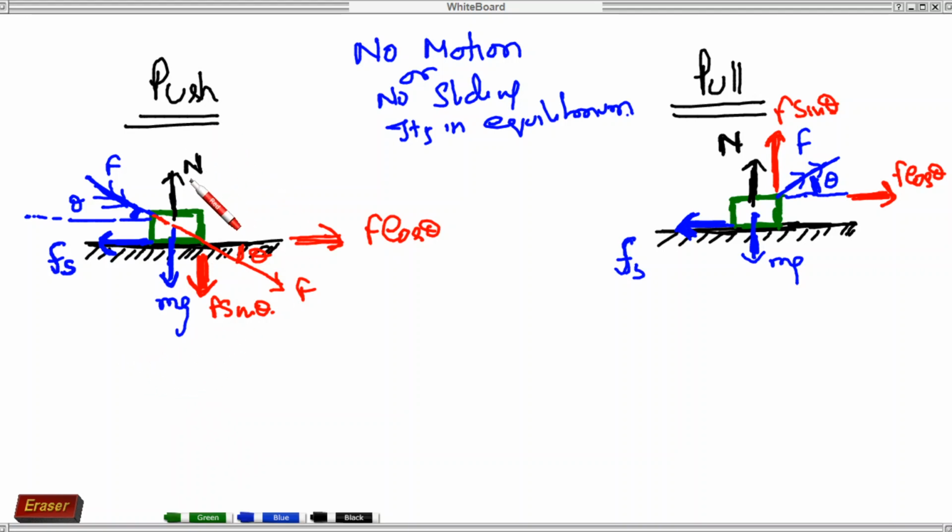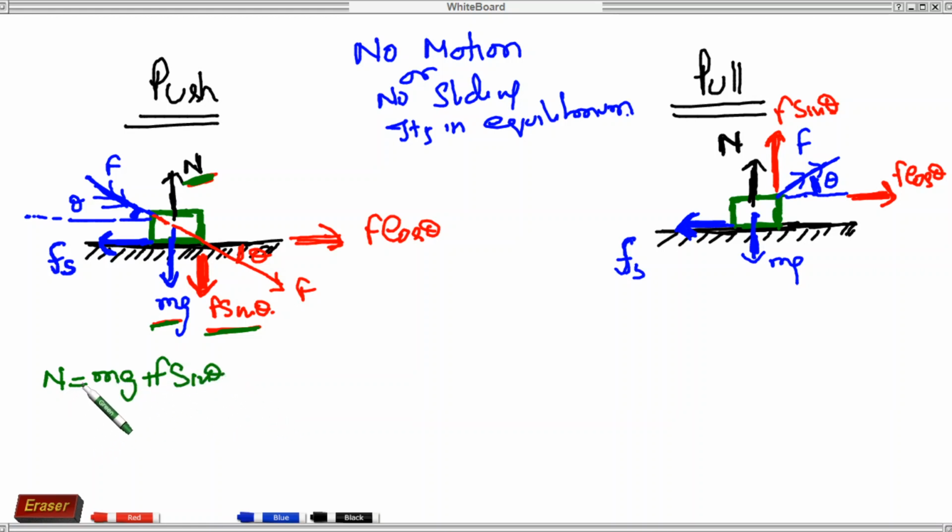Now balance the forces. You can see N is balanced by mg and F sin theta. Vertical forces: N is equal to mg plus F sin theta. And what about horizontal?